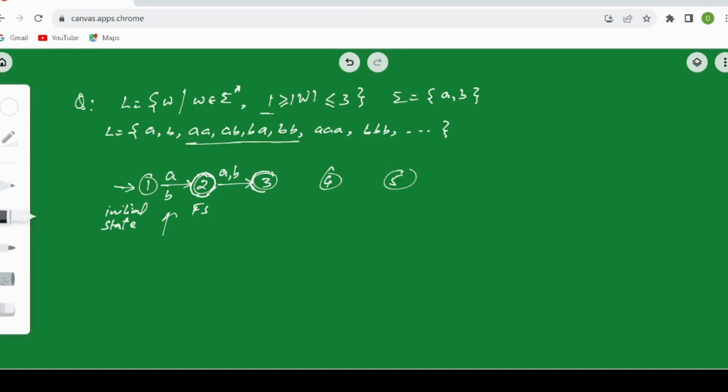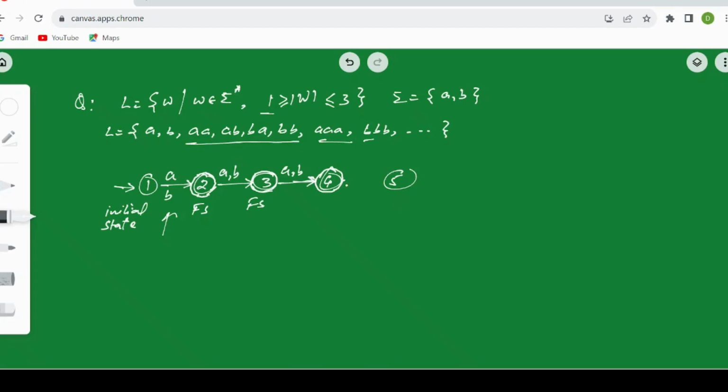Therefore, state 3 will be the final state. In this question, the strings of length 3 are also accepted. Therefore, if you get the third input, which can be either A or B, that also is to be accepted. Therefore, state 4 will be the final state.